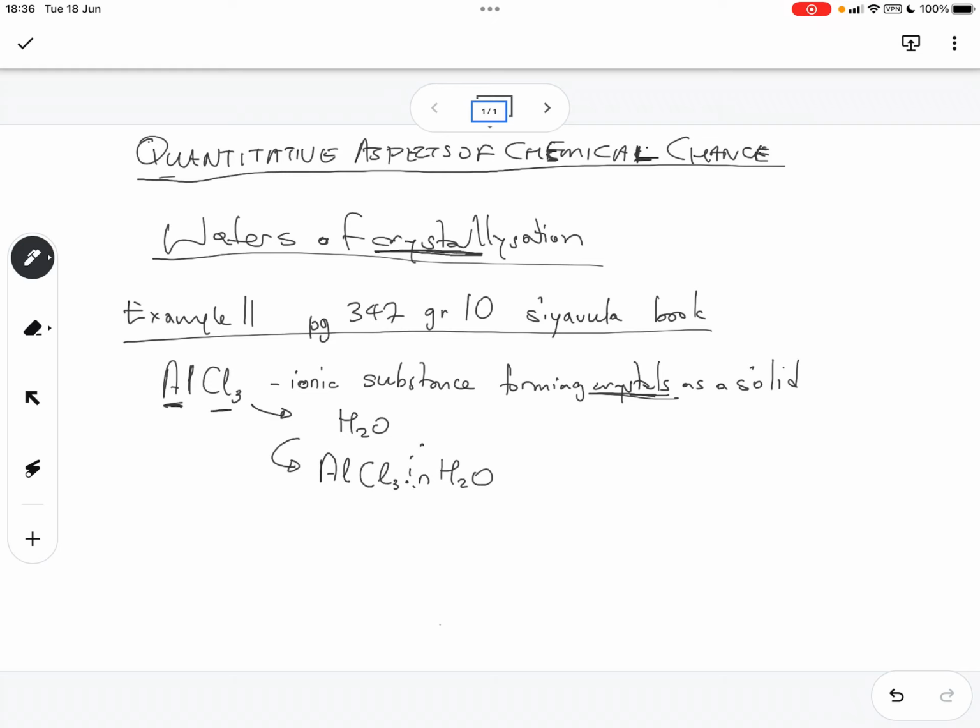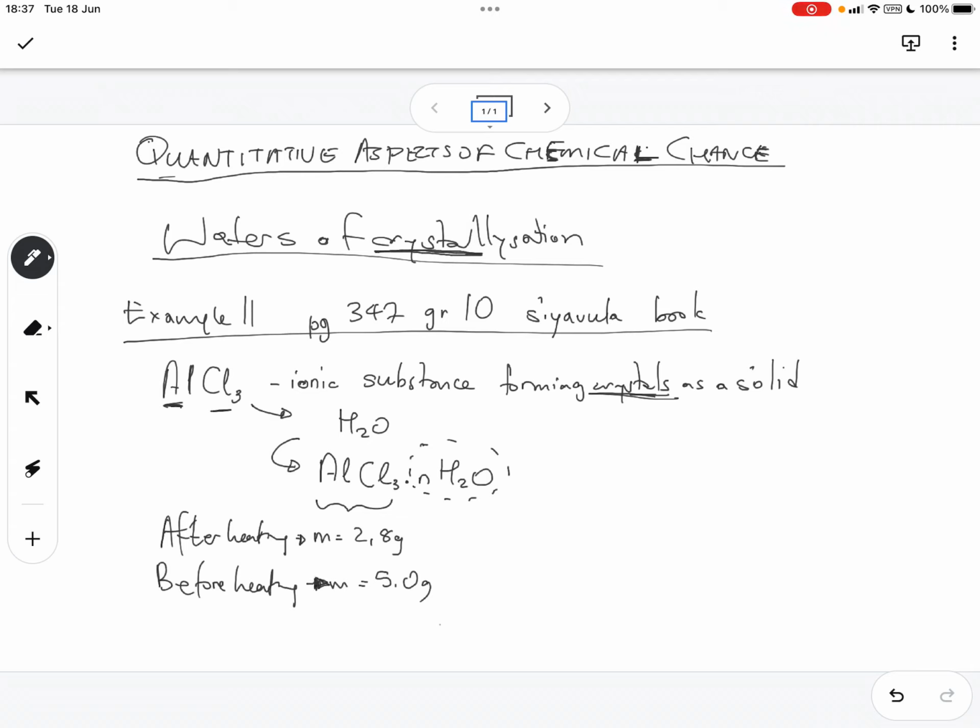So when all of this water has evaporated, we are left with the aluminium trichloride, and after heating it up, we have a mass of 2.8 grams. Before heating, the mass was 5 grams.